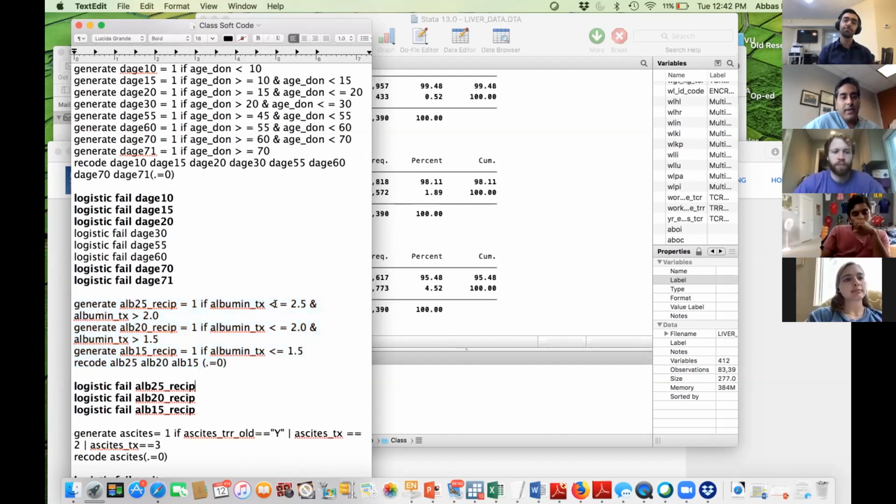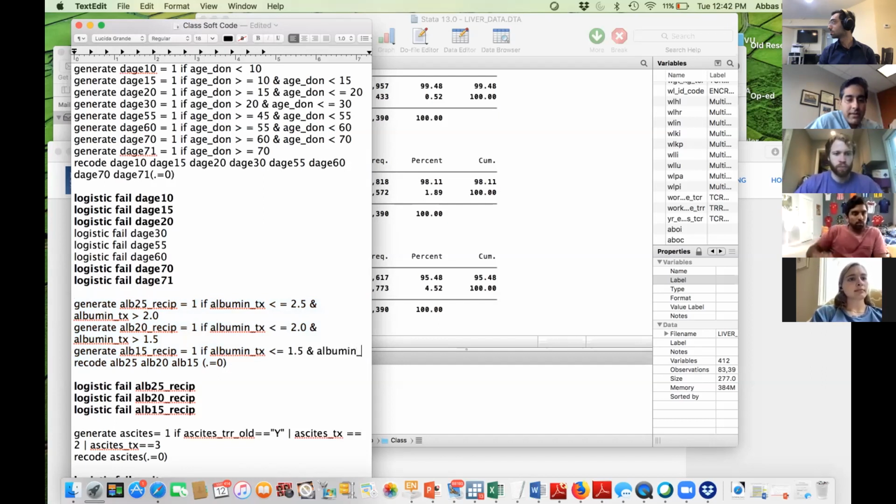And so, again, same principles. I don't have any overlap, so less than equal to, greater than, less than equal to, greater than, and then also, to be complete, I would say greater than, less than 1.5 and greater than 0 to use the same principle. Let me just do that so that I'm serving as a good example.